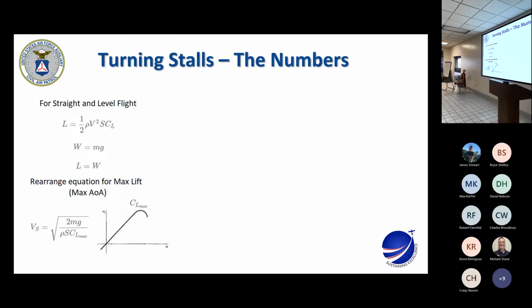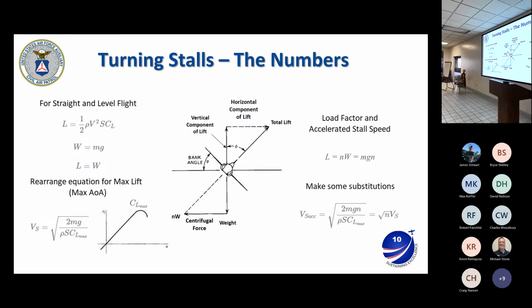So you put that all into a mixer, you solve for the V, which is a function of that square root term, and then you substitute the coefficient of lift for the maximum coefficient of lift. Beyond that, you stall the airplane, and you come up with the stall speed. That's how, in general, the stall speed of an aircraft is defined. You have that plus maybe some flight test.